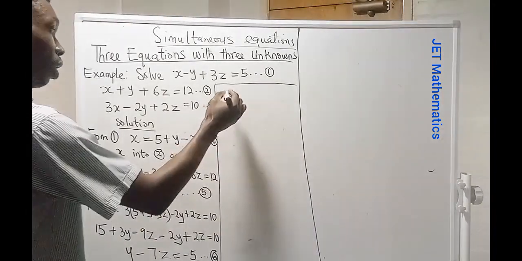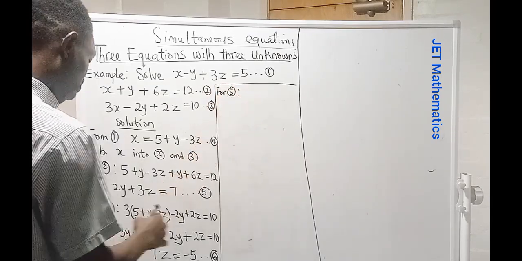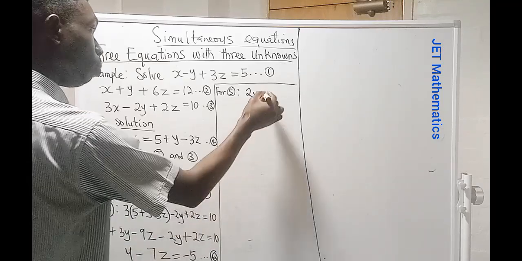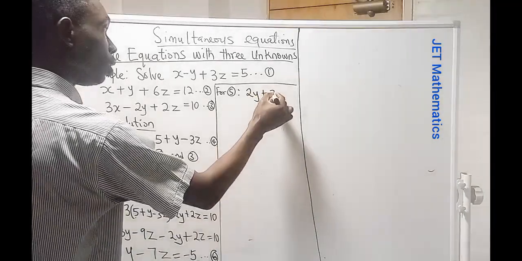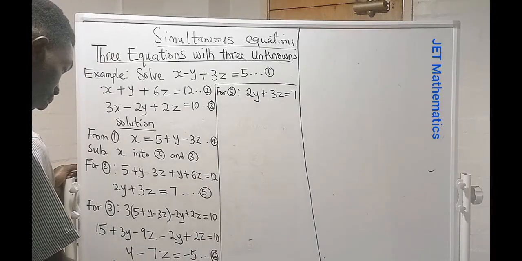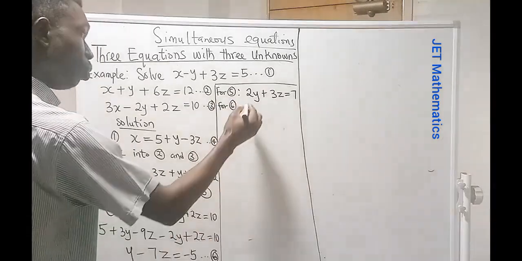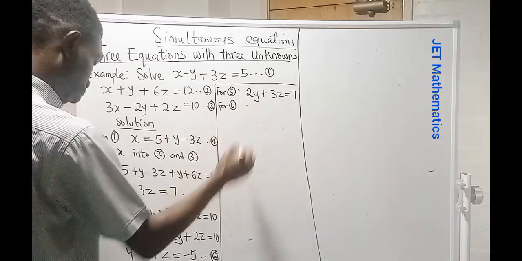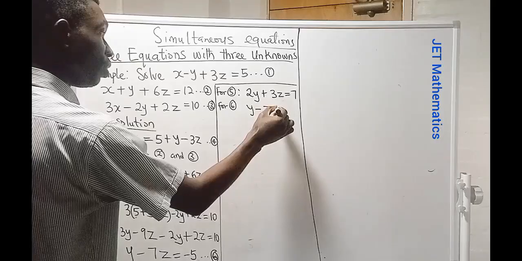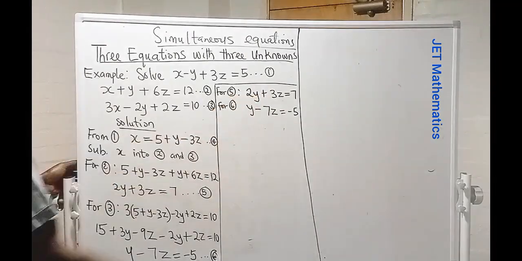So for 5, we have 2y plus 3z equals 7. And for 6, we have y minus 7z equals minus 5. So we can solve these two simultaneously.